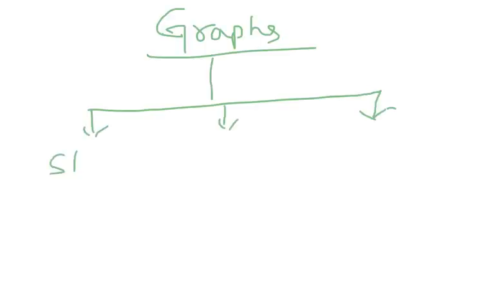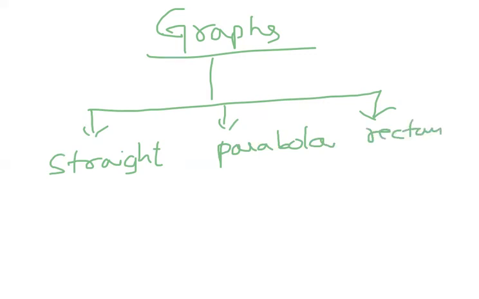One is straight line graphs, and parabola, and rectangular hyperbola. Like that, we are classifying graphs into three categories.